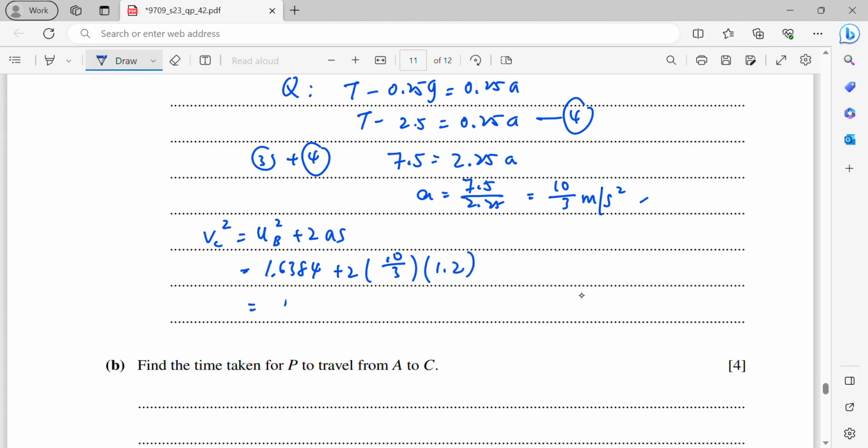Then you will get 9.6384. Therefore, my VC is 3.10. That is my speed at C. Speed of P at C is going to be 3.10 meter per second.